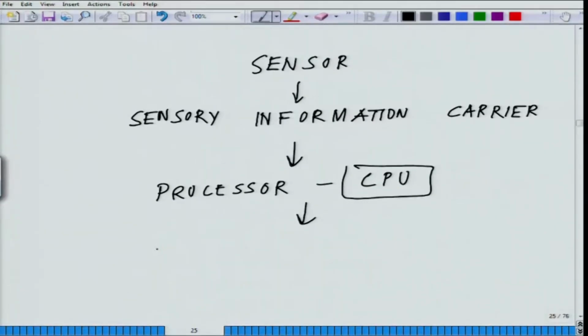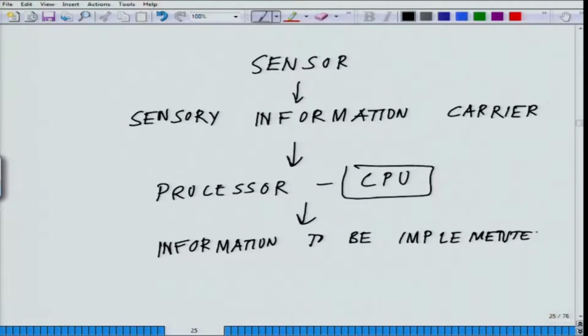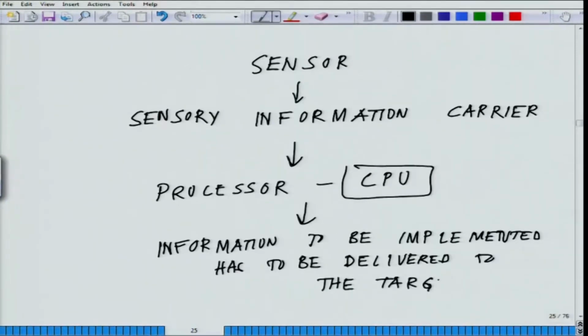The information to be implemented has to be delivered to the target, and a sensor on the target.